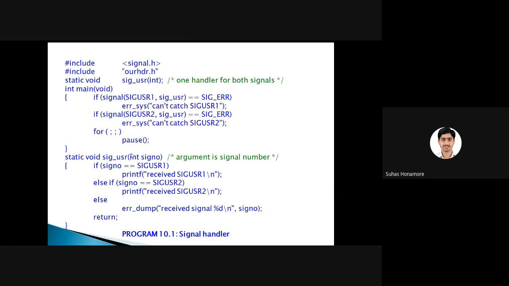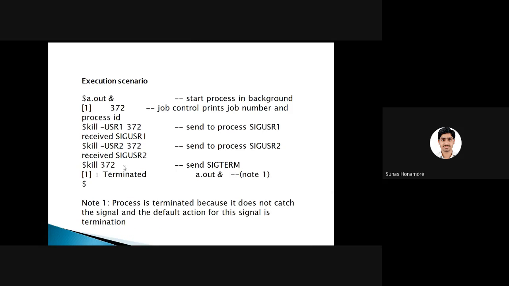Here we have not written any signal handler for this one. So it will receive the signal, we don't have any corresponding user handler, so the kernel's default handler is nothing but to terminate it. So by default it will terminate the a.out that was executing in the background.